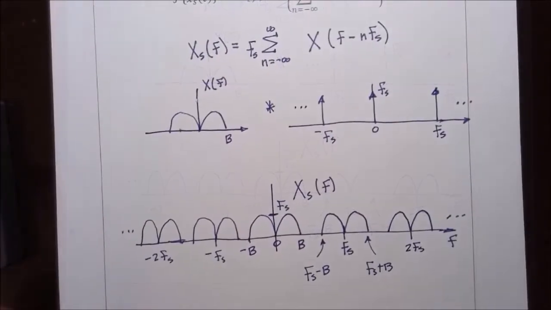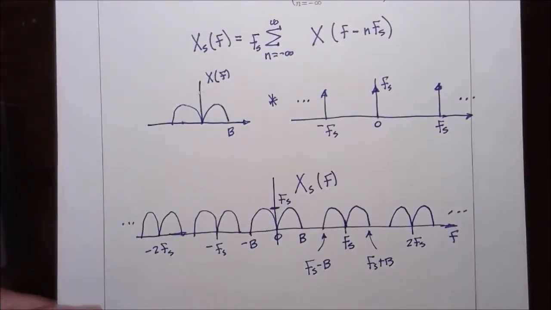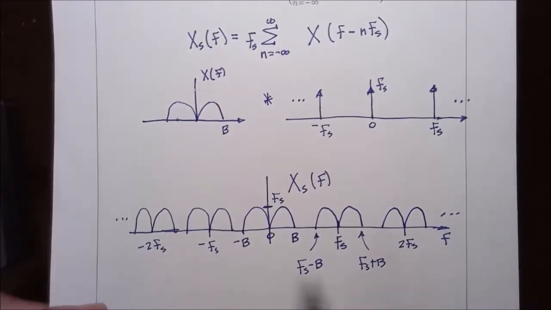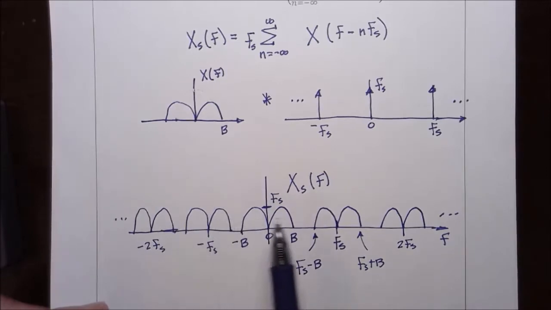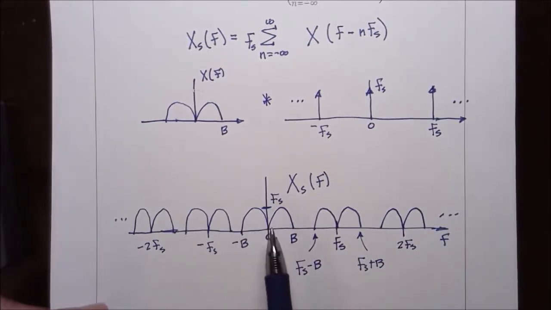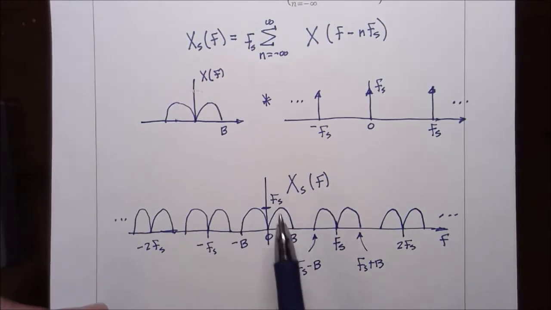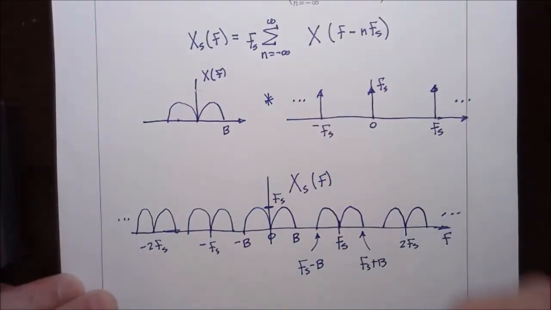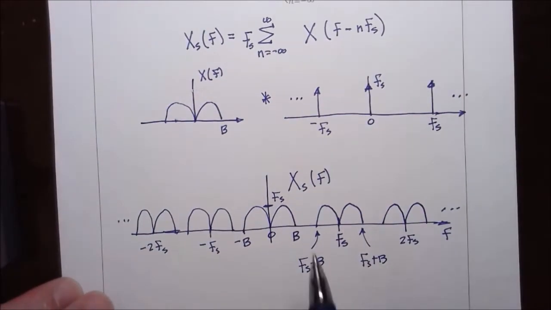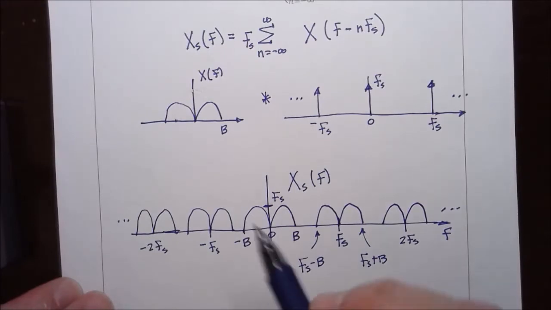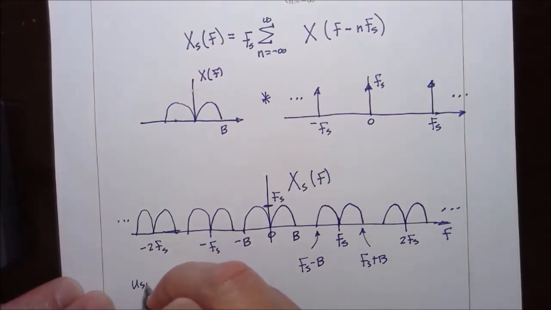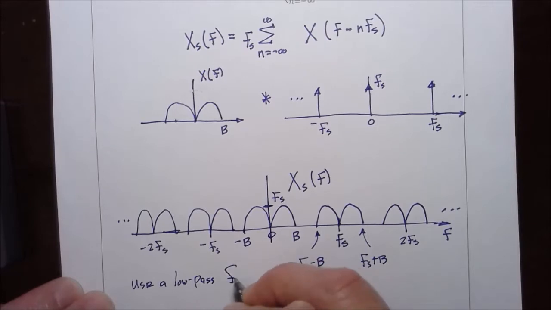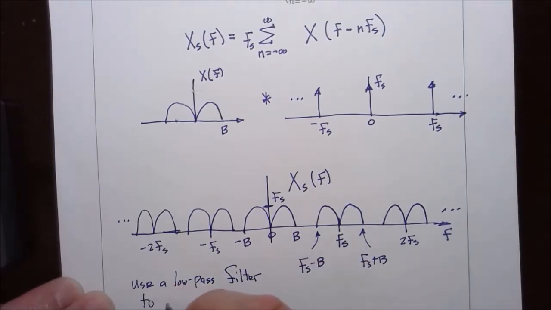The next thing to consider is how to recover the original continuous signal from the sampled signal. If we look at the spectrum of the sampled signal, we see centered at f equals 0, we have a scaled replica of the spectrum of the original message signal. So we can recover that original message signal by simply using a low-pass filter to recover.